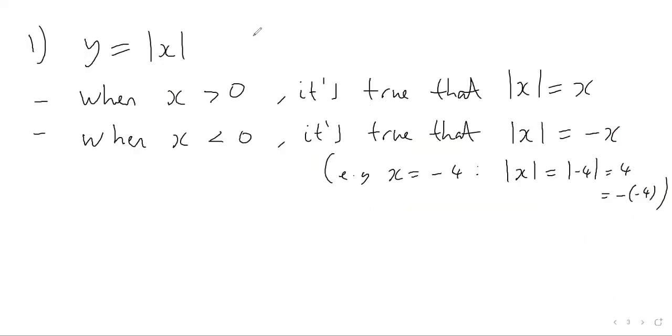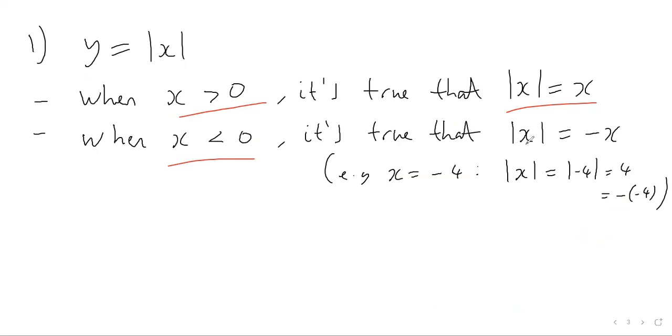So let's consider the first example, y equals modulus of x. The key thing to note is that when x is bigger than 0, the modulus of x is equal to x itself. For example, if you pick the number 2, the modulus of 2 is 2. How about when x is less than 0?